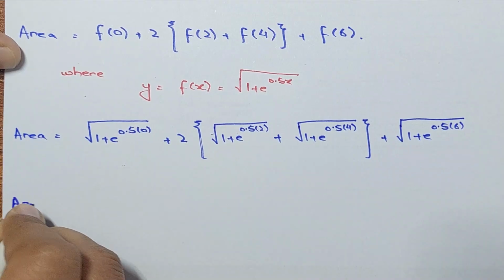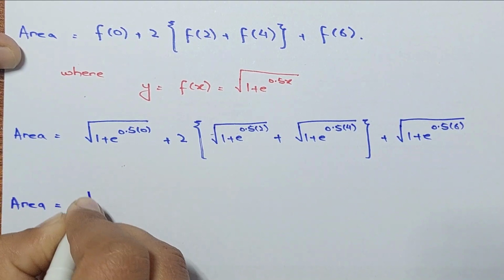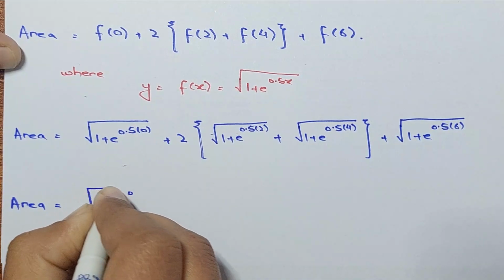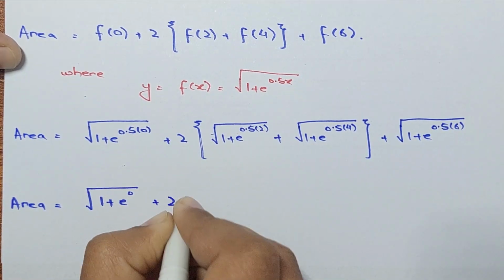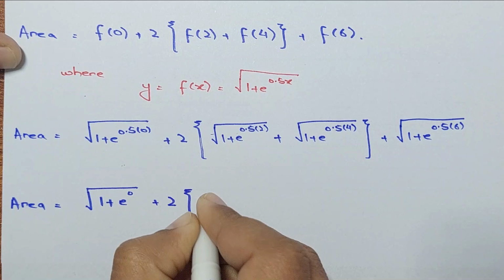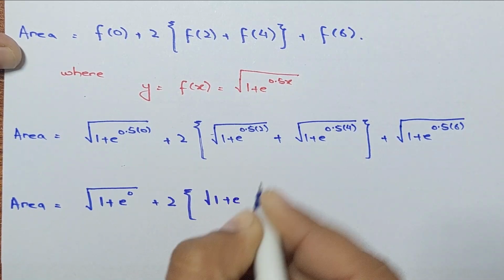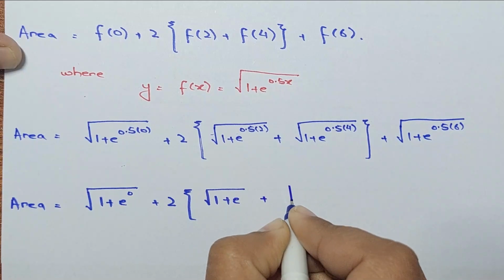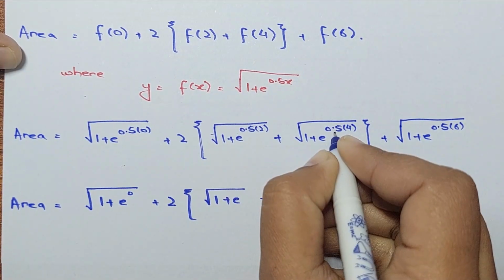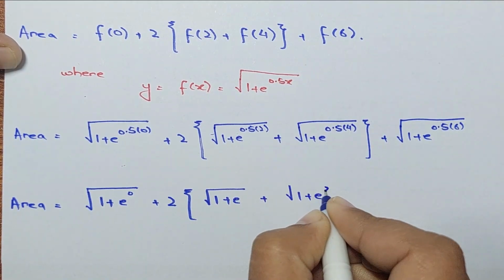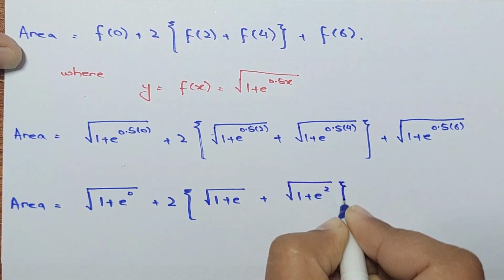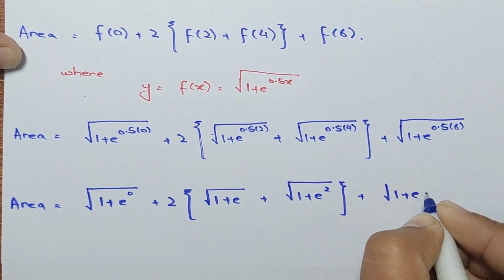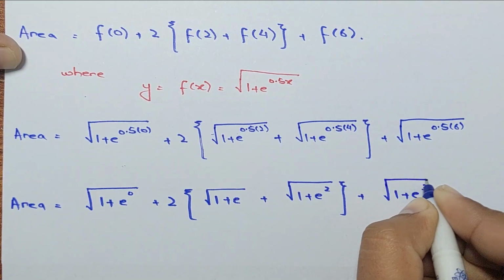Now my area is square root 1 plus e to the power 0, which is 1, plus 2 times square root 1 plus e. 0.5 times 2 is just 1, so 1 plus e. 0.5 times 4 is 2, so 1 plus e squared. 0.5 times 6 is 3, so 1 plus e cubed.